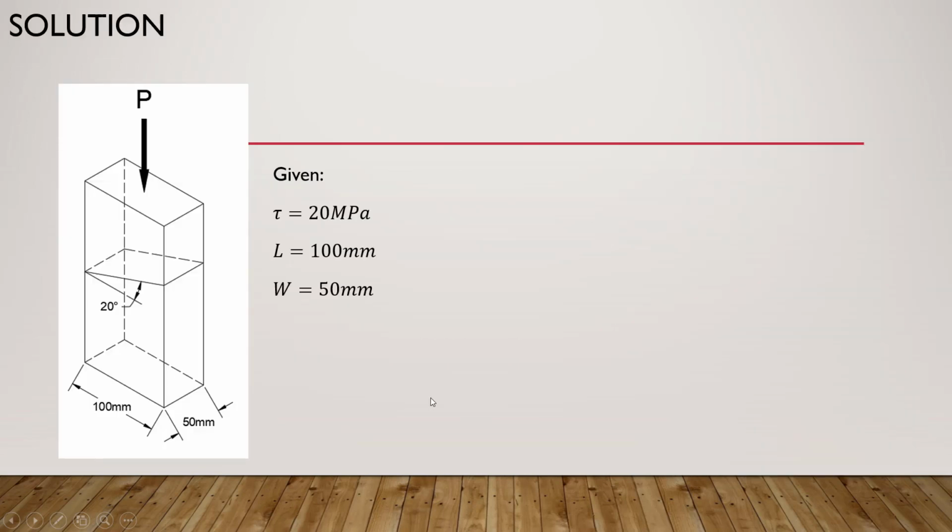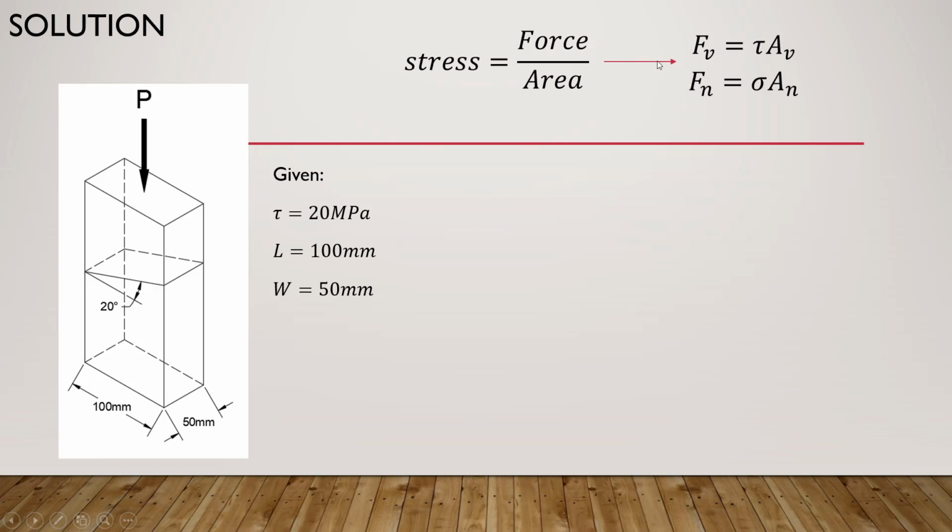Okay? Previously, we already learned that stress is equal to force over area. This time, we have two types of stress: the normal stress, which is compression, and a shear stress. Our normal stress is represented by sigma, and our shear stress is represented by tau.